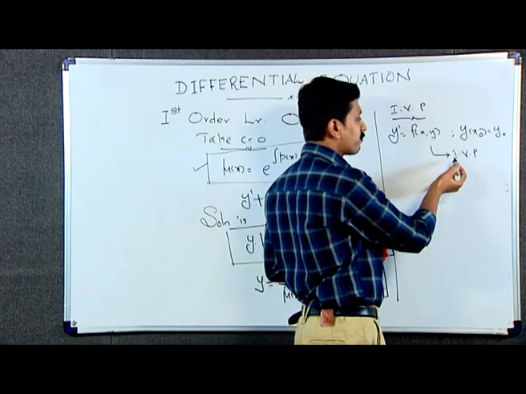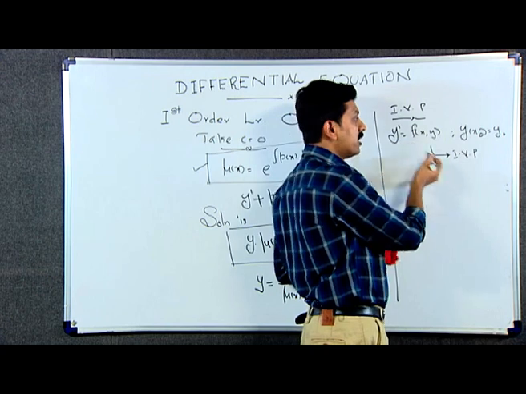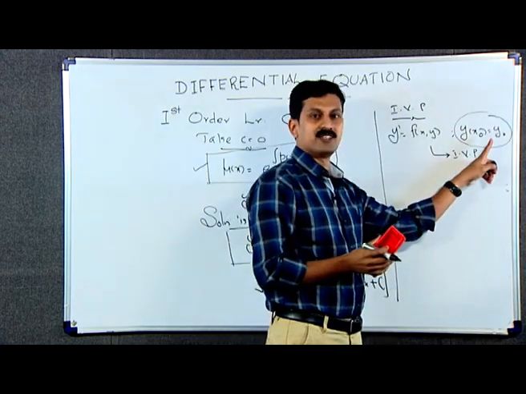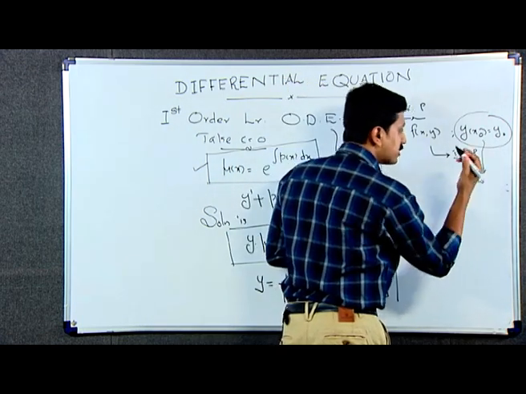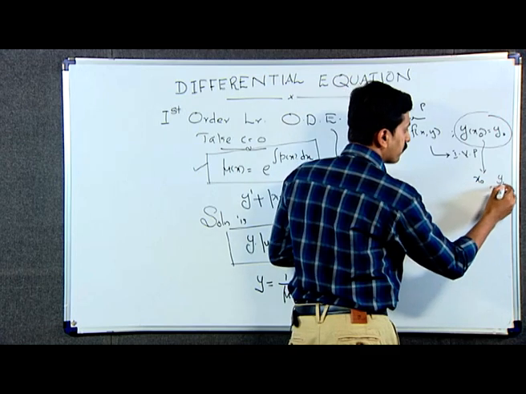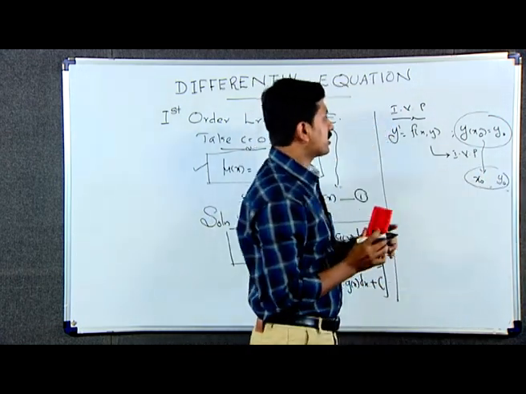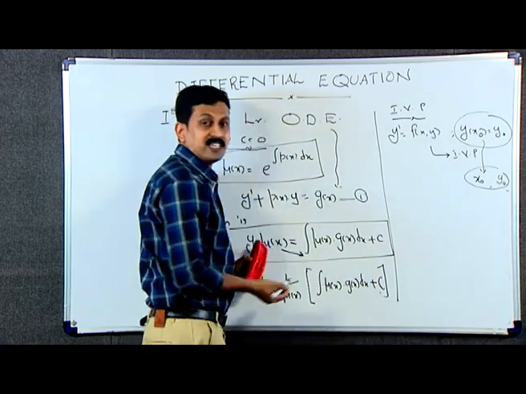The initial value problem is actually an ordinary differential equation with one condition, the initial condition, given. x naught is the initial point and y naught is the value of y at that initial point. By replacing x naught and y naught, we can find this arbitrary constant c.